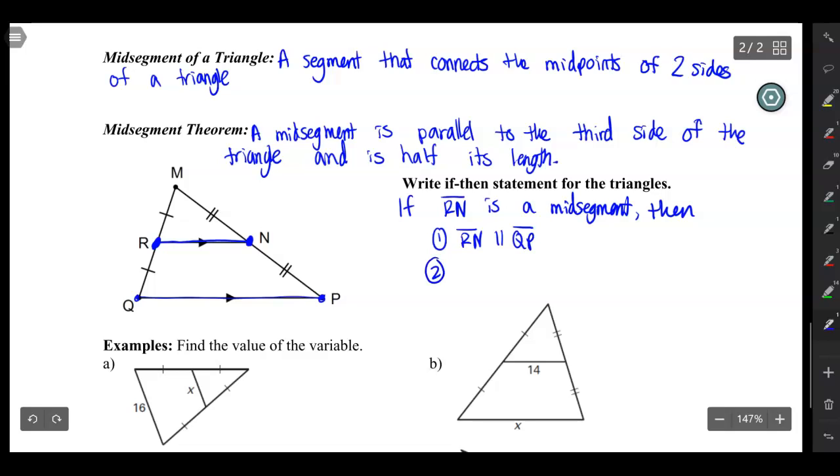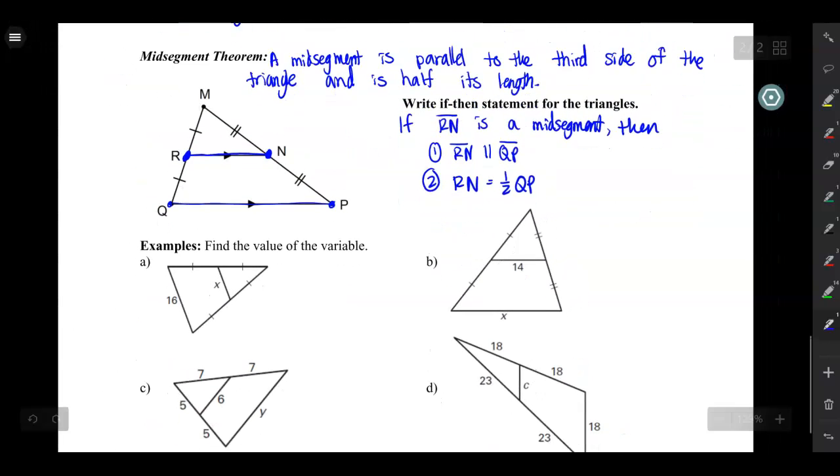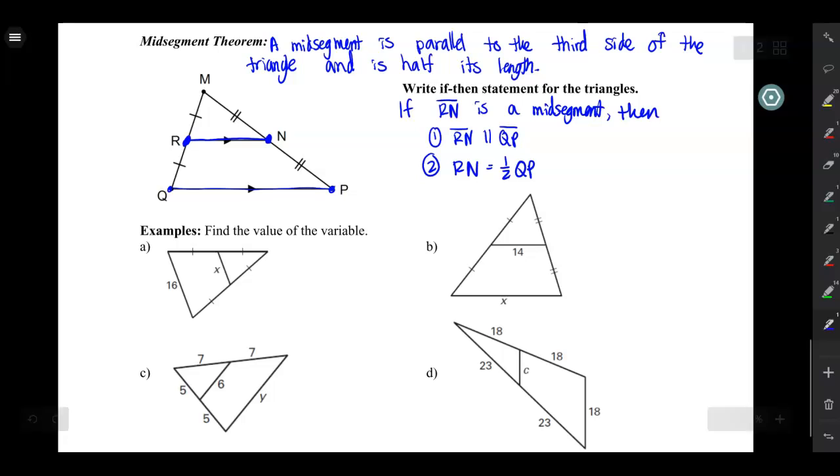The second, we know that RN, the length of it, is equal to 1/2 times QP. So we really get two things with this theorem. Let's go ahead and talk about using this theorem. In the next 4 examples, we're going to be finding the value of the missing variable.